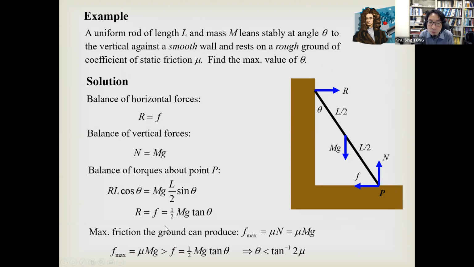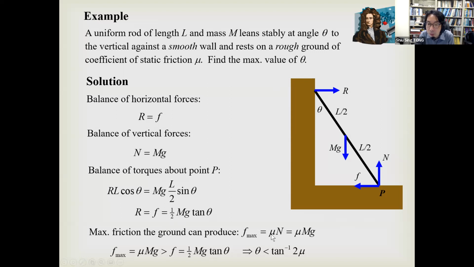There is a maximum value of the friction that can be produced from the ground, and that value corresponds to the coefficient of static friction multiplied by the normal reaction. Now this is the limiting case. The friction must be smaller than this maximum value in order for stability to happen. Otherwise, slipping will occur.